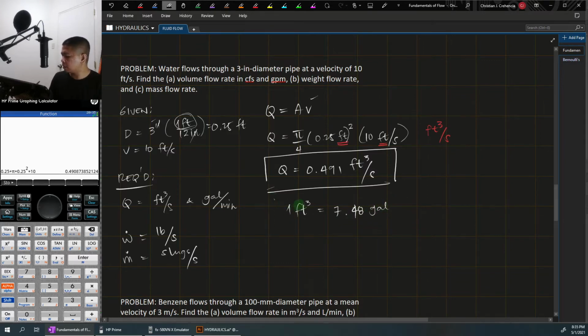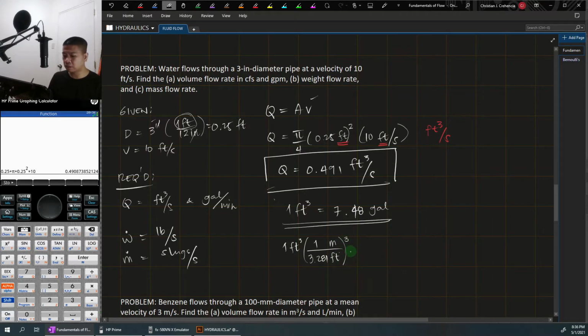So kung hindi man natin matandaan tong conversion factor na to, yung 1 cubic foot, pwede natin itong i-convert sa cubic meter. Okay, so put dito sa denominator para ma-cancel natin. So, meter naman sa taas. So, alam natin na for every 1 meter, this is 3.281 feet.